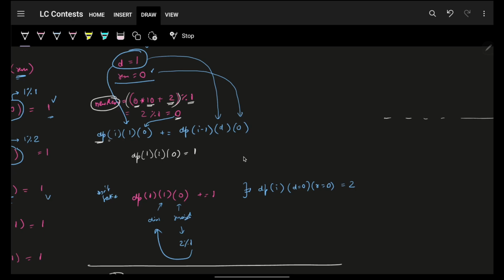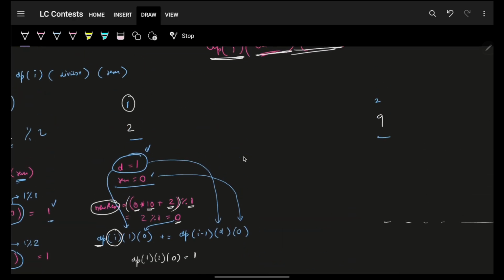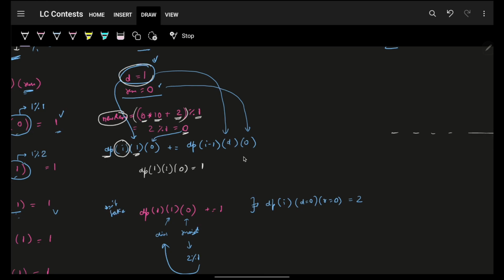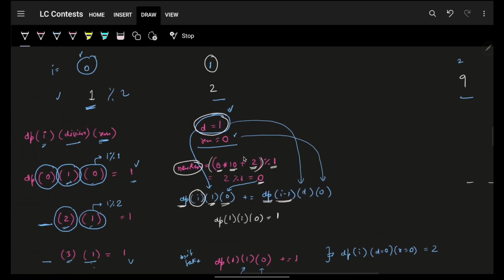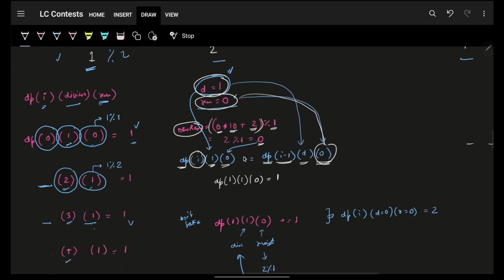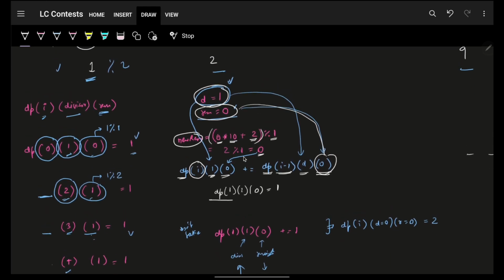So, my DP of ending at index i, which is index 1, having a divisor of 1 and a new remainder of 0, I should simply add DP of i minus 1, which is the previous index, with the same divisor but with the previous remainder, which is 0. Thus, it gave me an answer of 1.